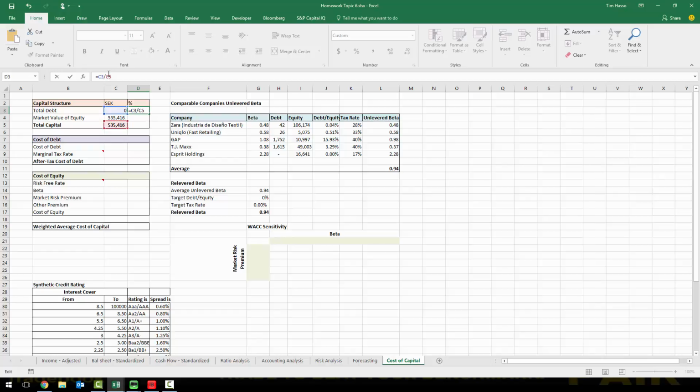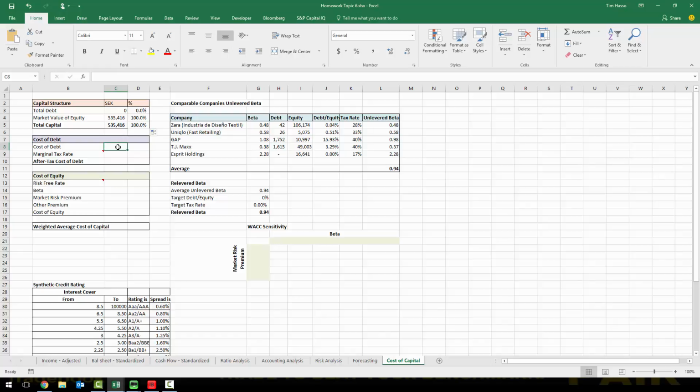Again, if you lock C5 by putting a $ sign around it, you can then drag this down and get the relative terms for each source of funding. So we know that market value of equity is responsible for 100% of their funding.